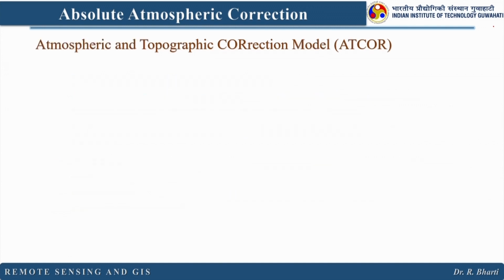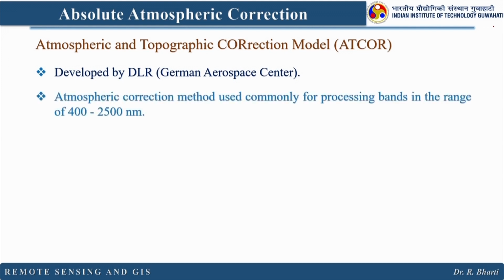Atmospheric and topographic correction model, that is another model which is known as ATCOR, developed by DLR, that is the German Aerospace Center. It is an atmospheric correction method commonly used for processing bands in the range of again 400 to 2500 nanometer. In the previous method it was 350 to 2500 nanometer.